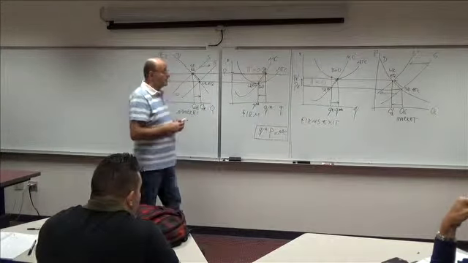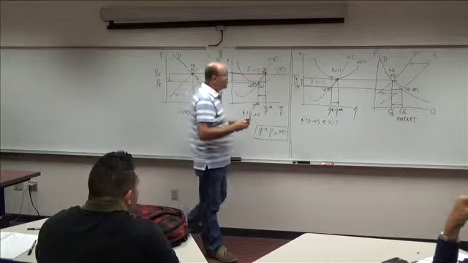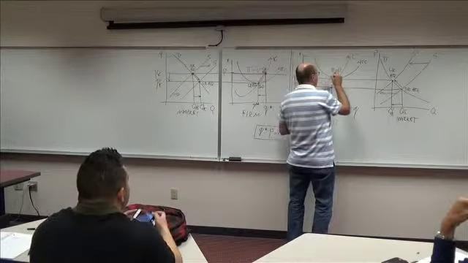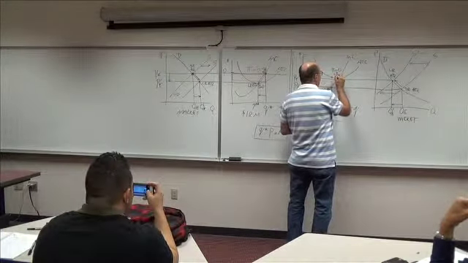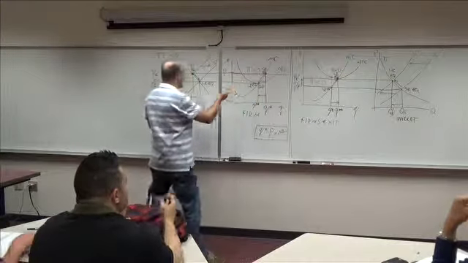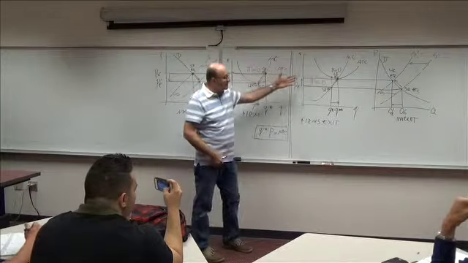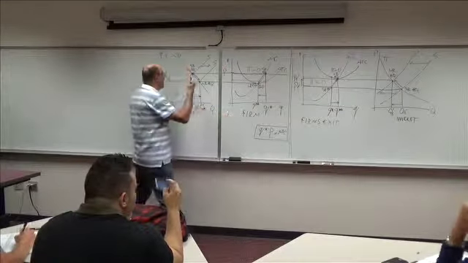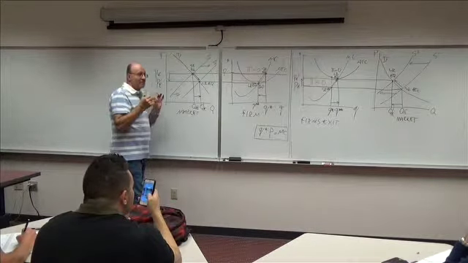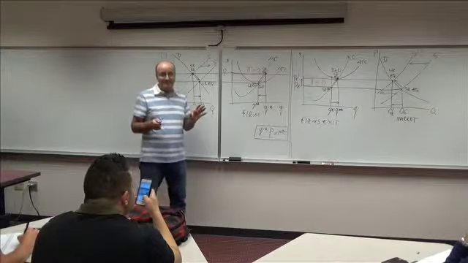With zero economic profit. That means they end up in a long run equilibrium, right? Long run equilibrium. So whether you start with positive economic profit or you start with negative economic profit, eventually firms and industries end up in a long run equilibrium with zero economic profit. That makes sense?